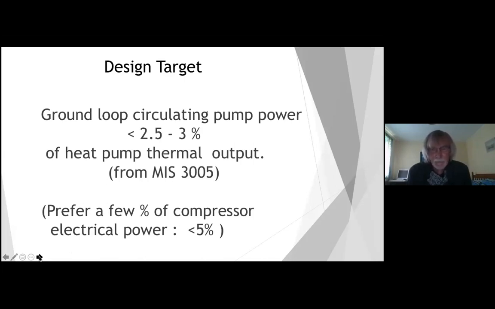It is then bumped to 3%. I'd actually prefer it to be, you want to be aiming for the electrical consumption of your circulating pump to be just a few percent of the compressor power. So I'd say less than 5%, but try and get it as low as you can against the cost implications.